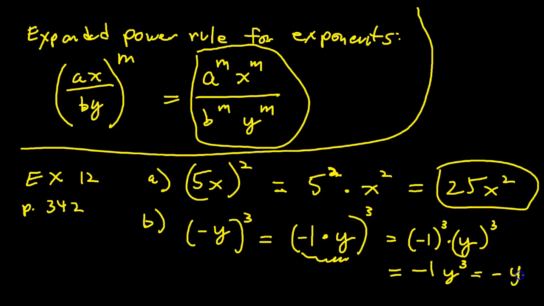And I would just write as a final answer minus y cubed. Right? So notice the difference here. Negative of y cubed is really the negative outside the exponent operation of y cubed.